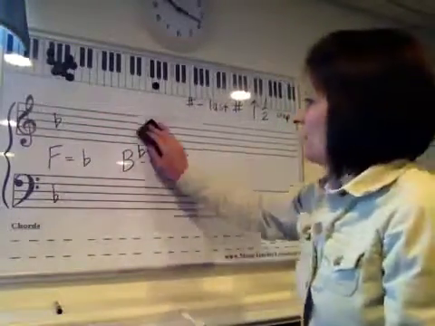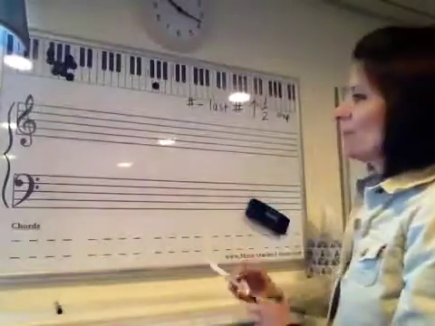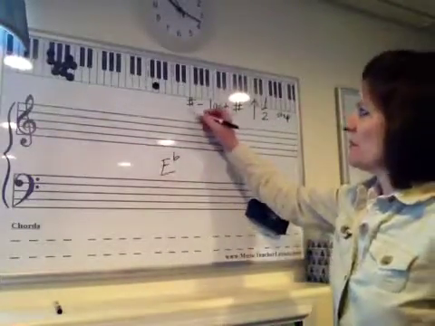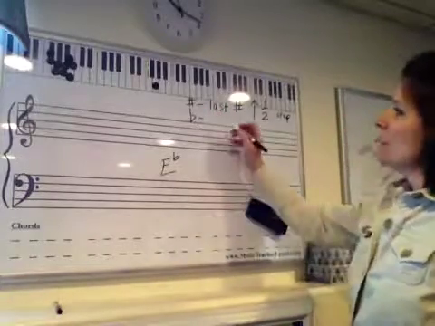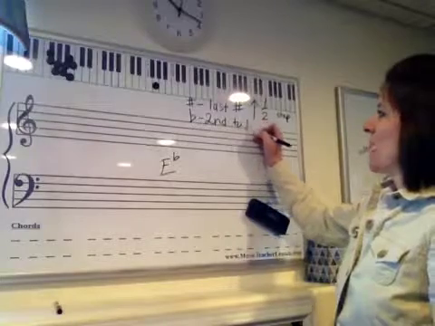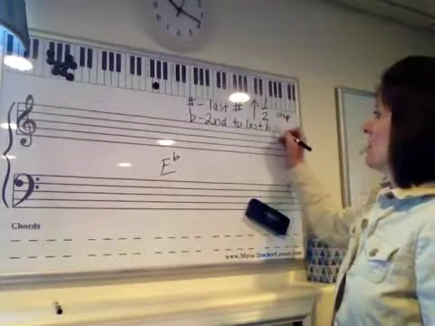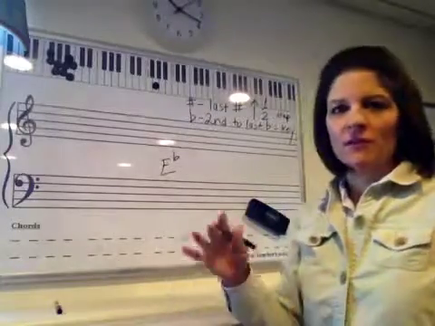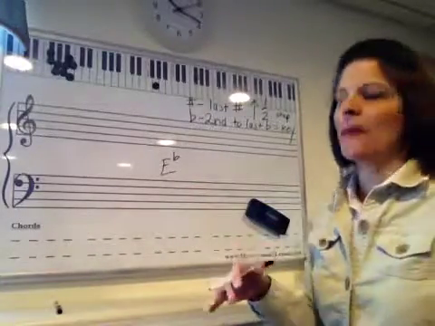Okay, so if you're asked to draw a key signature for the key of E flat, then we need to know our formula. With flat keys, you look at the second to last flat, and that equals the key. It's that simple. You don't have to move up a half step or anything like that.